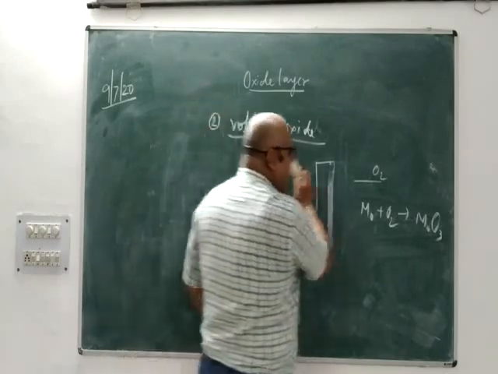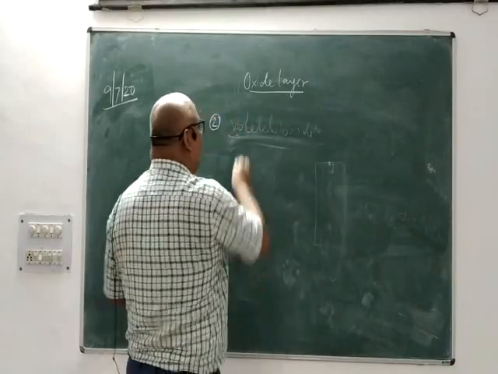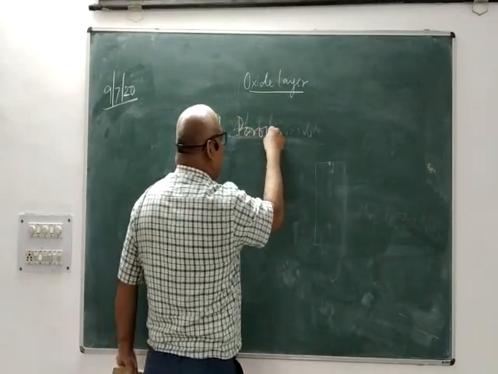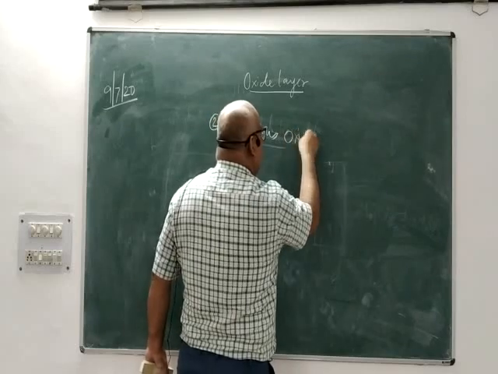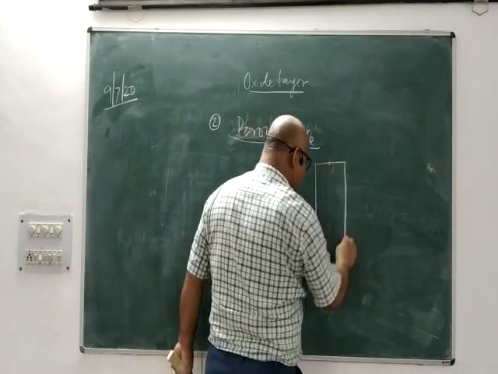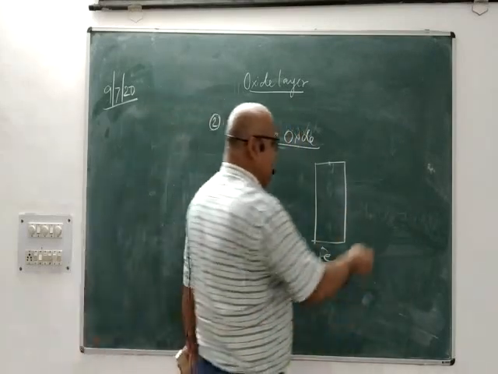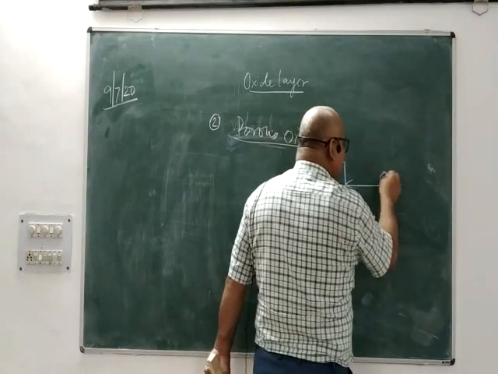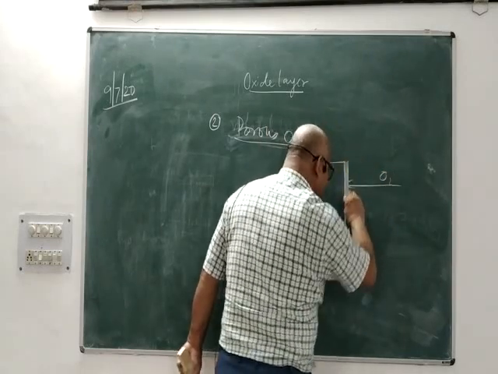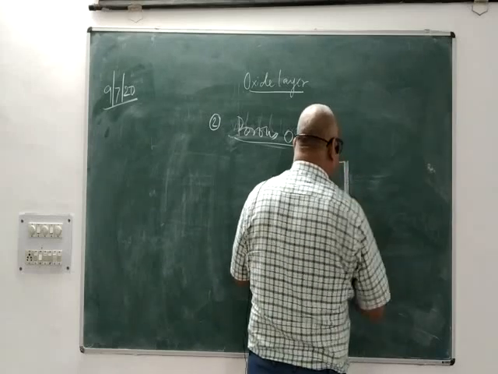Now the fourth one is if your oxide layer is porous in nature. You understand pores. Let us take an example. Suppose it is a metallic structure made of iron. We all know that in an environment it will be attacked by oxygen and an oxide layer made of ferrous oxide will be formed.